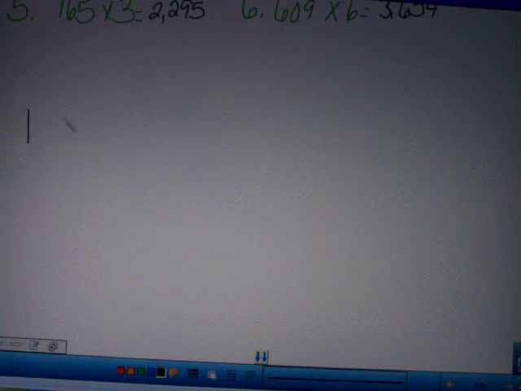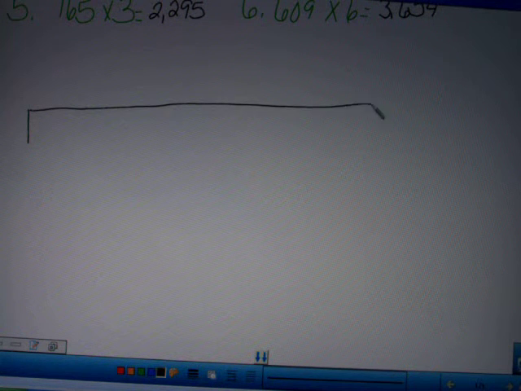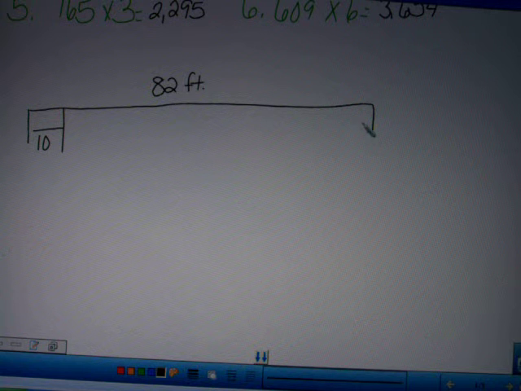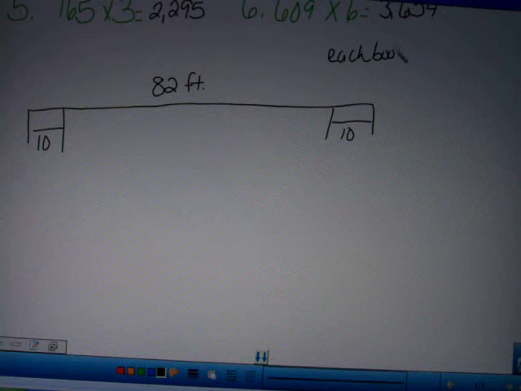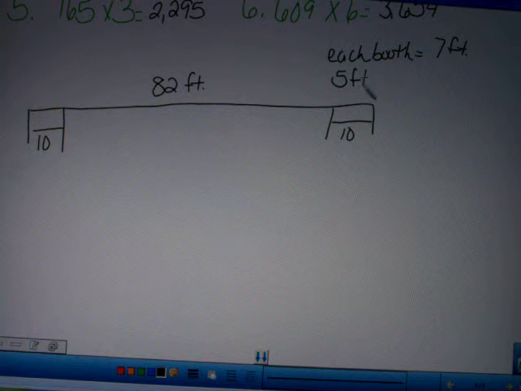So we know from here to here, this is the parking lot, is 82 feet. And we know that we have to have at least 10 feet on each side. And we have to have 10 feet on this side. Each booth is 7 feet and must have 5 feet in between.